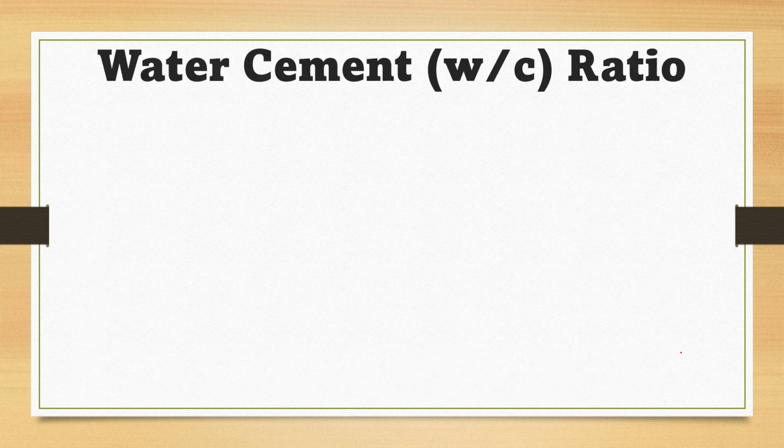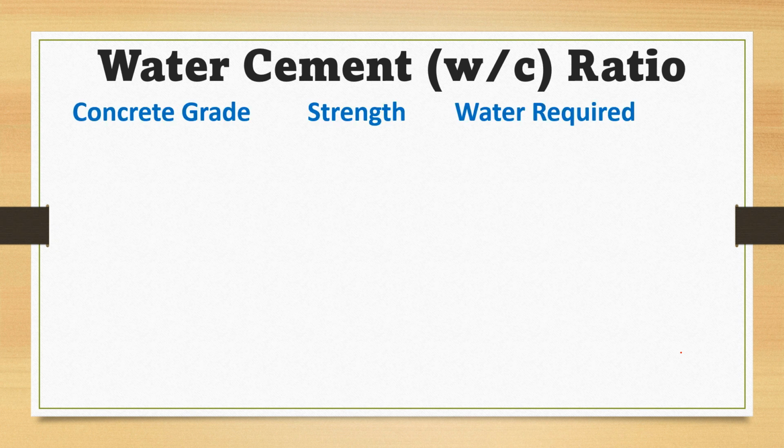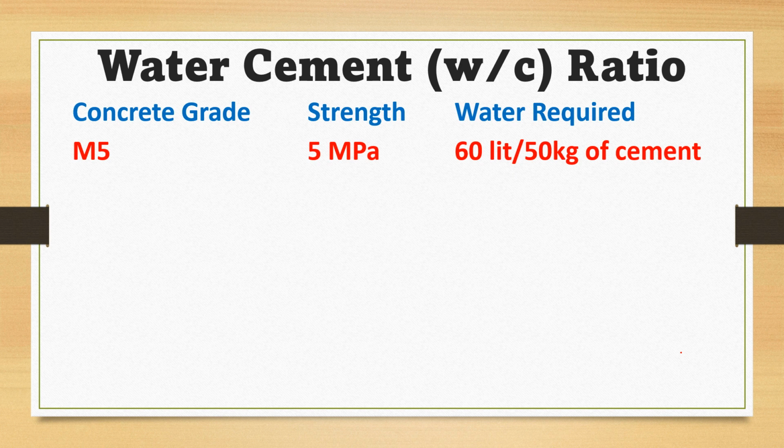So this is the water cement ratio for various grades of concrete, or the amount of water required by a specific grade of concrete. At the first instance, for M5 grade concrete we have to get a strength of 5 megapascals. For this 5 megapascal strength we have to use 60 liters of water per 50 kg cement bag. In Pakistan, and in the world, we normally have the weight of a bag equal to 50 kgs.